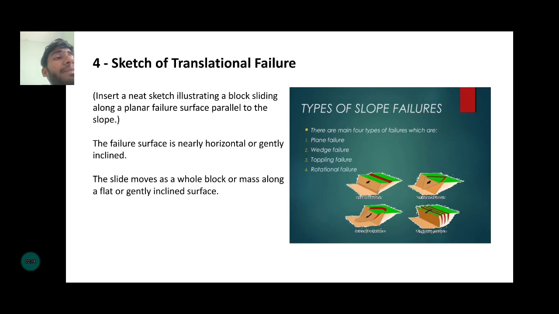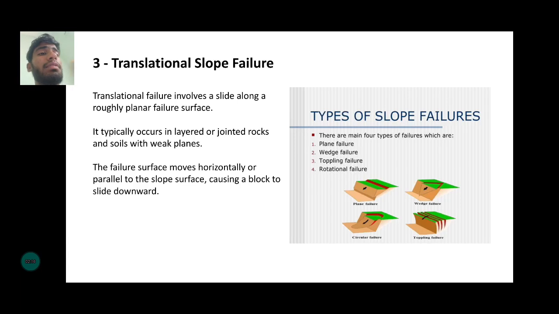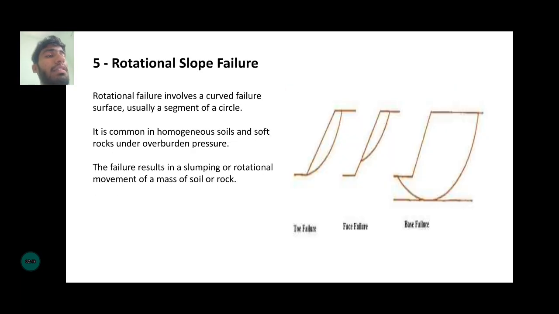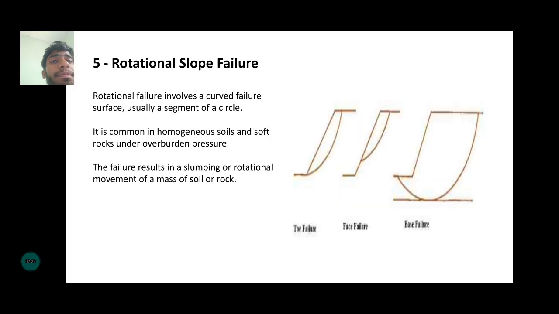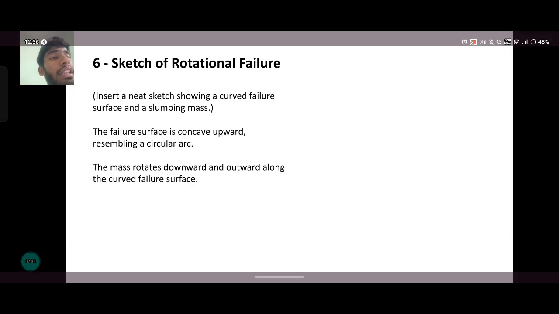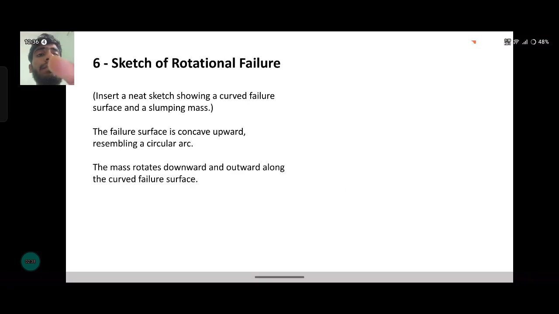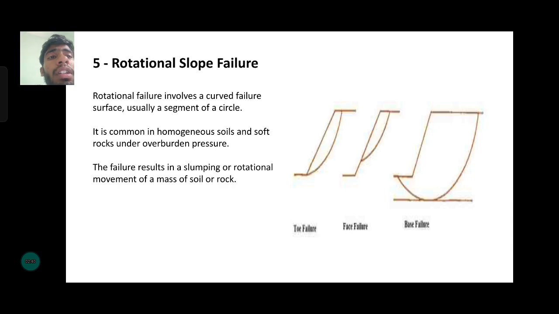Types of slope failures. The main types of failures are the same: plane failure, wedge failure, toppling failure, rotational failure. Rotational slope failure. Rotational failure involves a curved failure surface, usually a segment of a circle.